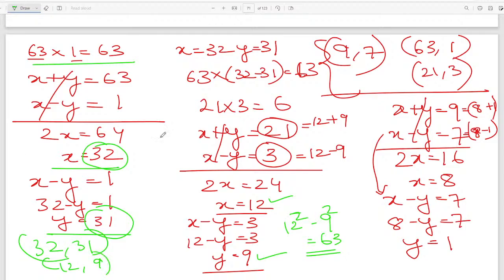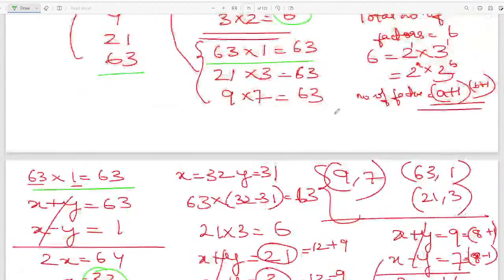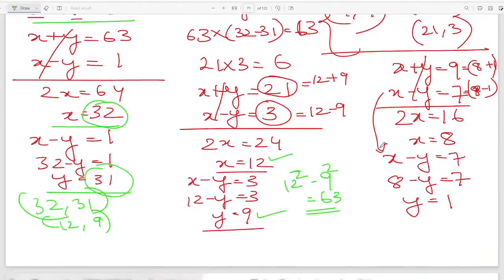The second pair. Now the third pair, that is 9 into 7, we have to see whether that can be represented as (x plus y) into (x minus y). x plus y is 9, x minus y is 7. So 2x is equal to 16, x is equal to 8, and y is equal to 1. Again, these can be whole numbers or natural numbers.